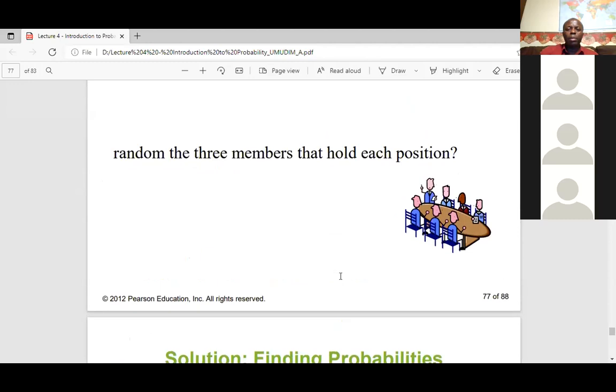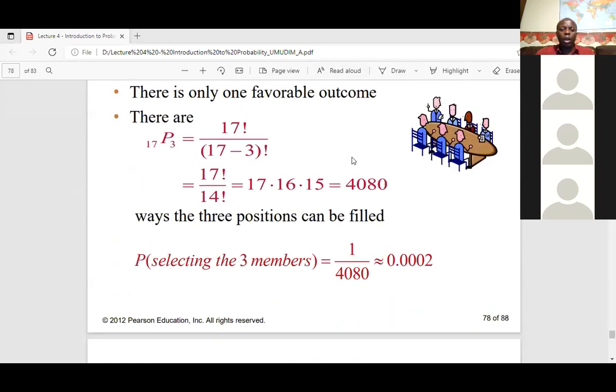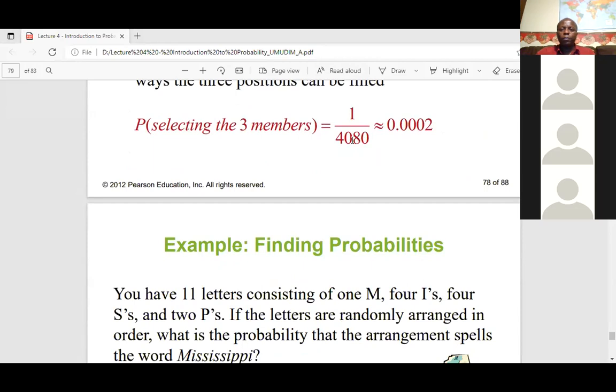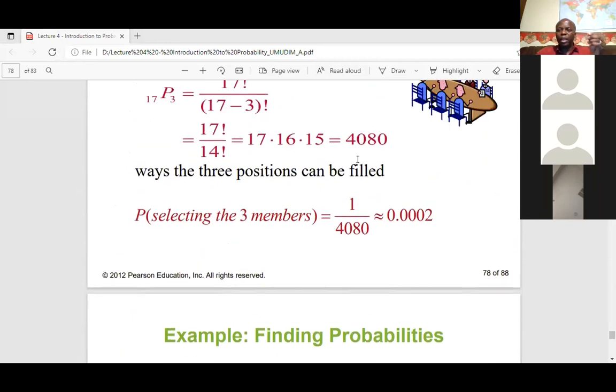But you're looking for the probability of selecting at random the 3 members that hold each position. There's only one possible way. So you have 1 out of 4080. The probability of selecting those 3 members, they have only one chance.